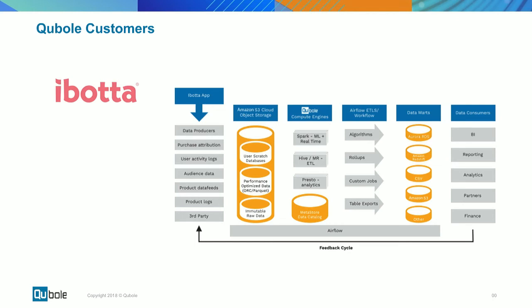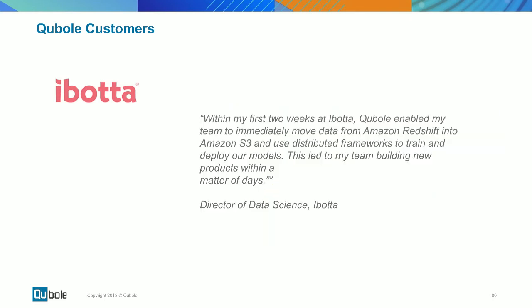All of this is orchestrated using Airflow, right? So these two are very typical architectures of how our customers leverage Qubole. And the big thing for Ibotta is obviously there are cost savings, but they are also able to create product and modify their product faster, so that they can help their customers better, right?